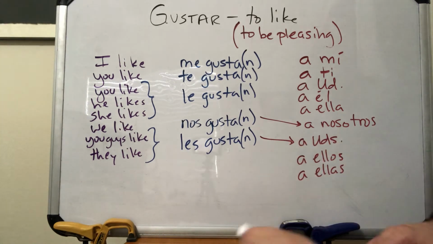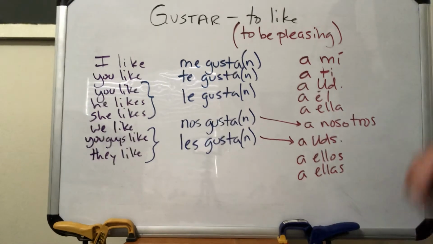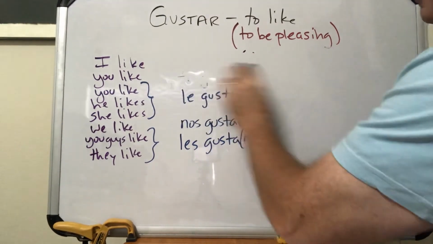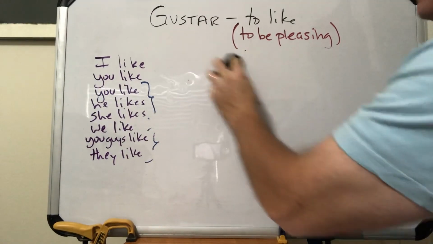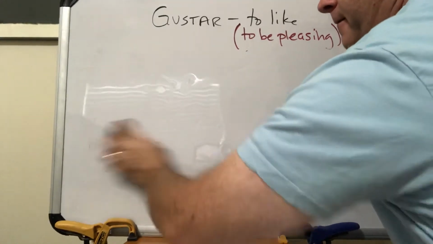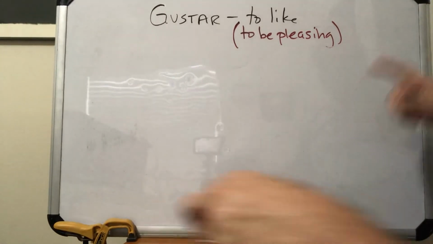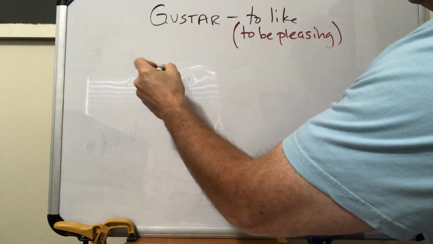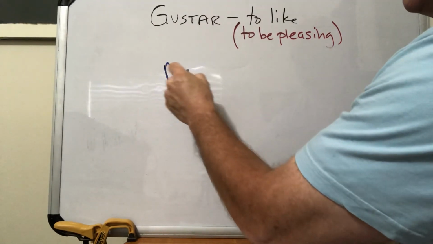So let's do a sentence. All right. And hopefully everybody's got that written down. If not, pause the video. All right, let me show you. Let's do a sentence, and then I'll show you how this really works with to be pleasing. So let's say you're trying to say, I like sports.